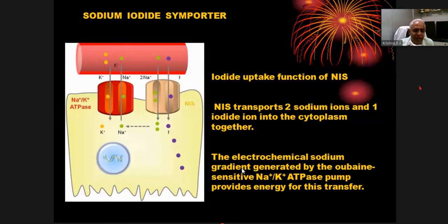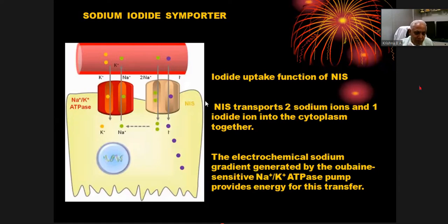How does the radioiodine go into the thyrocyte? Via the sodium iodide symporter, which is present at the membrane of the thyrocyte, which pushes the iodine into the thyroid gland through an electrochemical gradient maintained by the sodium-potassium ATPase pump.